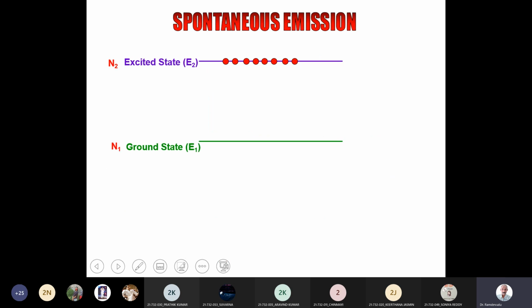Now we look at spontaneous emission, where atoms are already in the excited state, but they cannot stay there for long because it's an unstable state for the system. Without supply of energy, they come down by themselves. The average time an atom spends in the excited state is called the lifetime. That may be around 10 to the power minus 8 seconds. If you take hydrogen, it is 10 to the power minus 9 seconds or so.